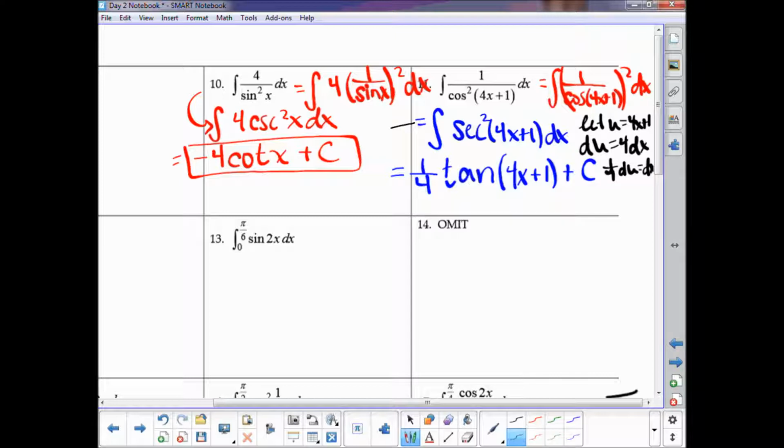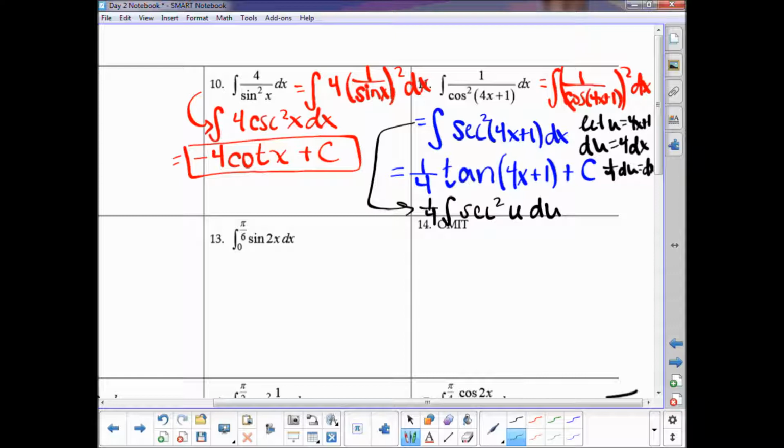So if I did my u sub, I would have 1/4 the integral of secant squared of u, du, right? So 1/4 du equals dx. I went ahead and brought that 1/4 out in front. Are we good with that in our u sub?